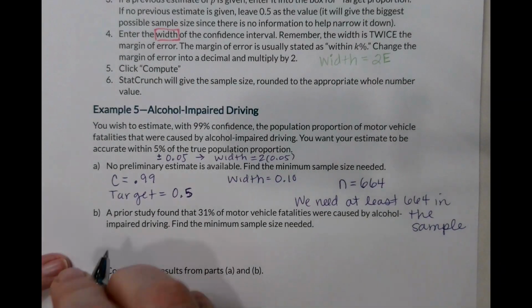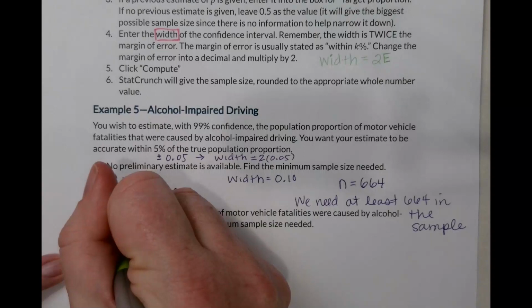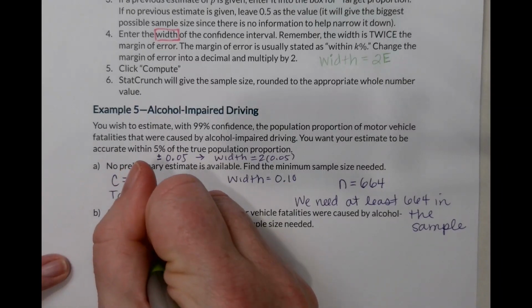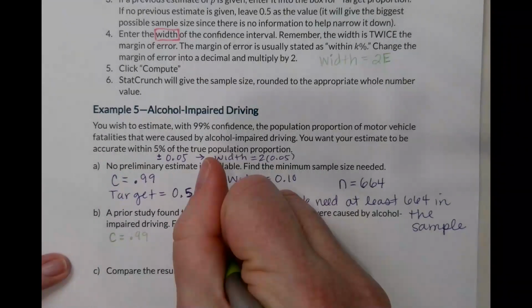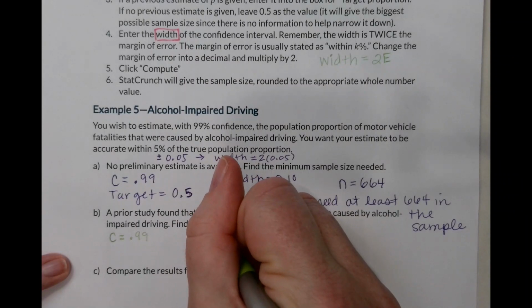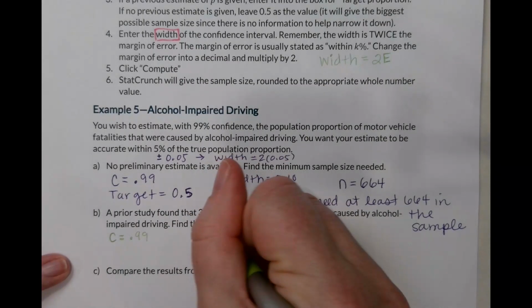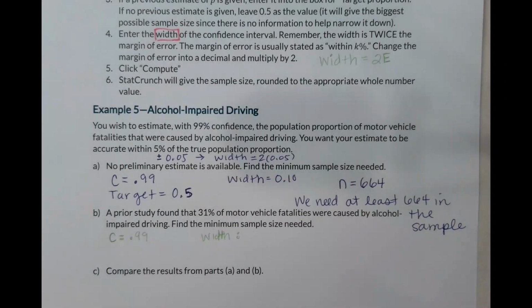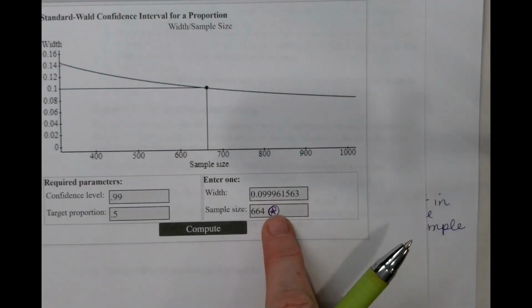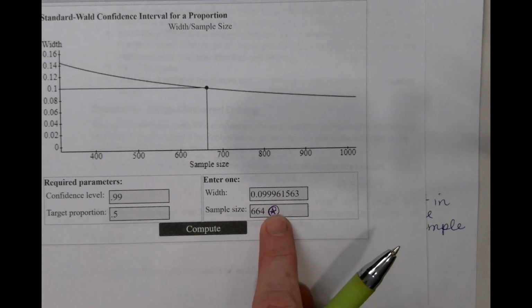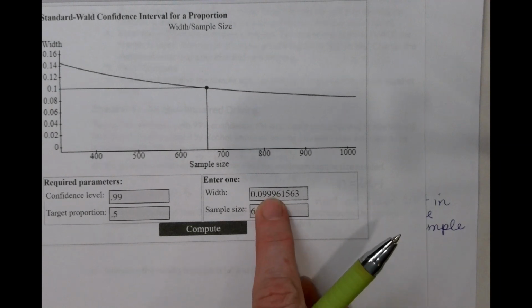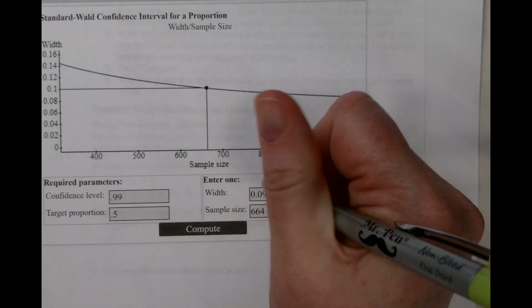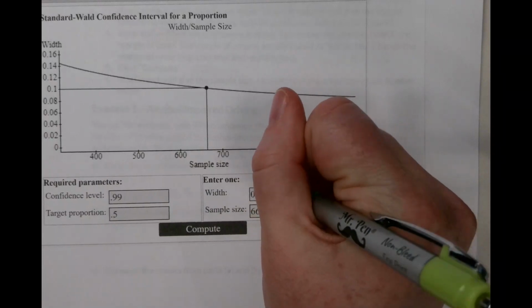So my confidence level, that's not going to change. I'm going to put in 0.99. My width isn't going to change. However, I do need to retype it, because when we compute this sample size, it's going to change this, and we need instead 0.10.